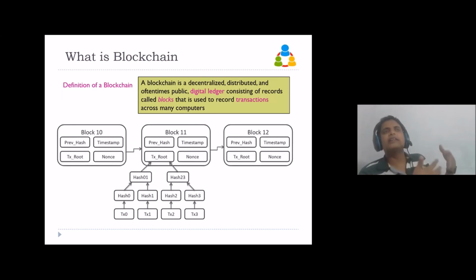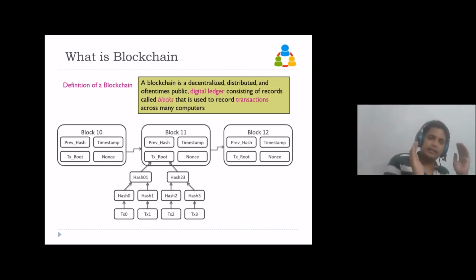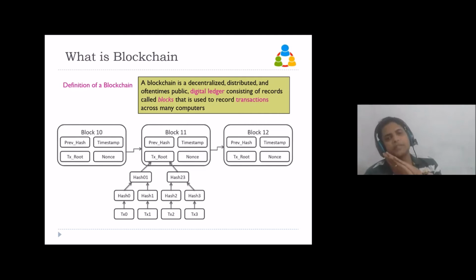There will be several sets of transactions happening inside a blockchain network. And these transactions are brought together and created as a single block and written onto the blockchain.